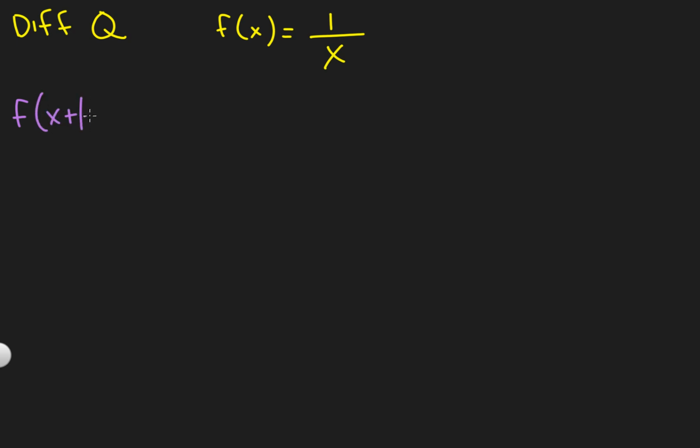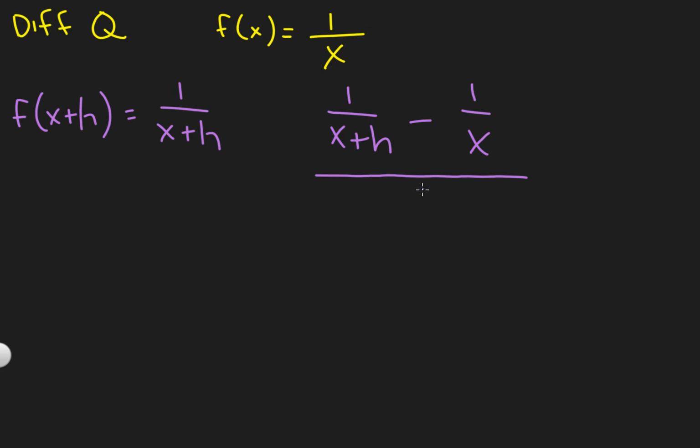So f of x plus h is going to be 1 over x plus h. f of x is obviously 1 over x. Actually, this one wasn't too hard to do together. So 1 over x plus h minus 1 over x over h.